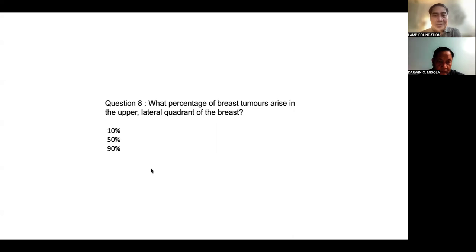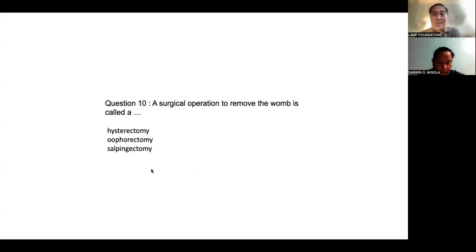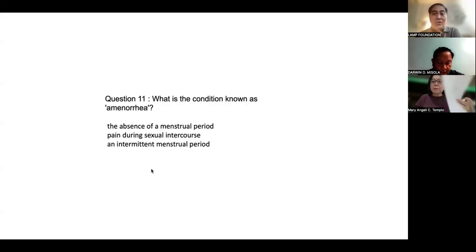Wow, great. In stage 2 breast cancer, the tumor size is greater than 2 cm. A surgical operation to remove the womb is called hysterectomy. Okay, what is the condition known as amenorrhea?